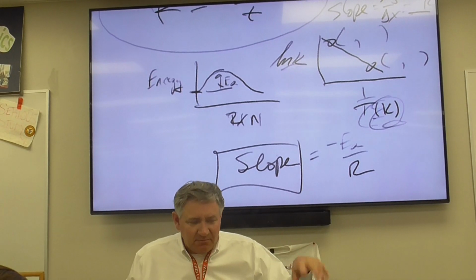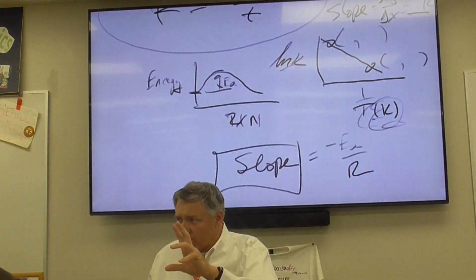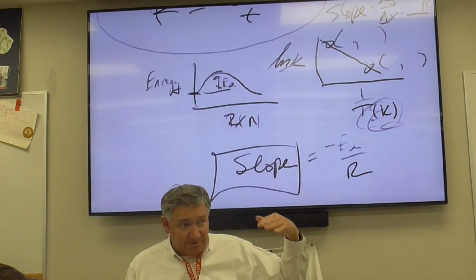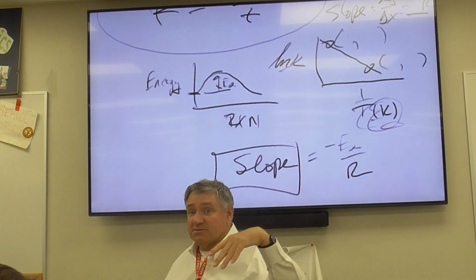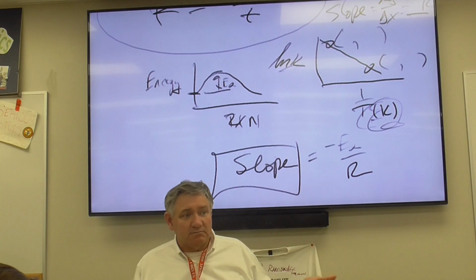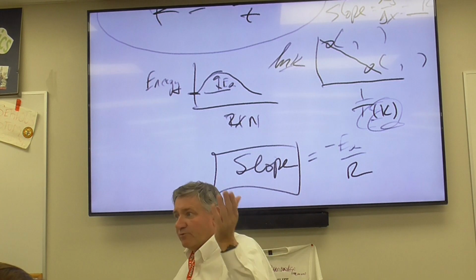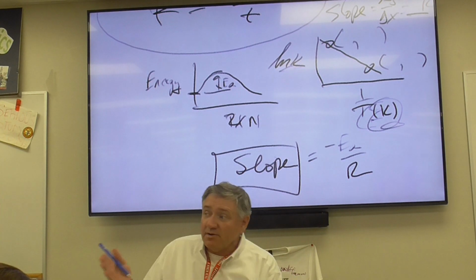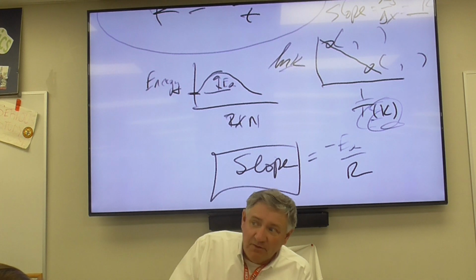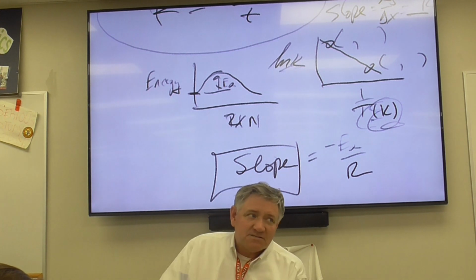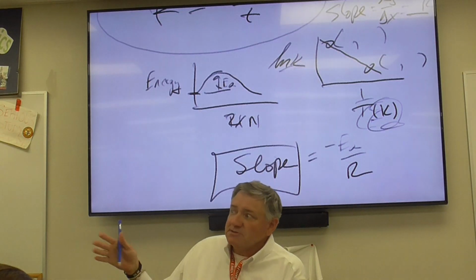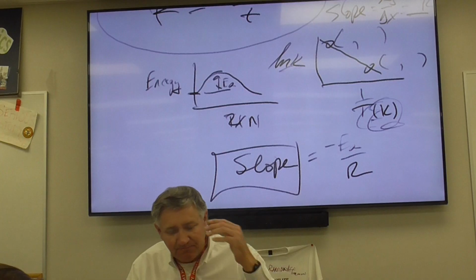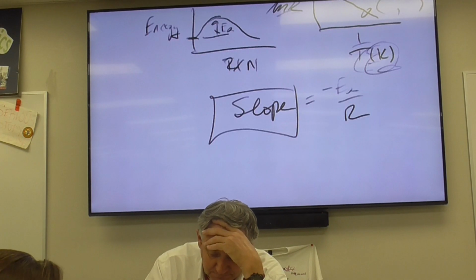Like in physics, you do a position-time graph, and the slope is meters per second, you go, oh, that's velocity, okay? Or the slope is force per unit of time, whatever that is, that's what the meaning is. This is a very rare instance where the slope is in Kelvin, but it's not a measure of the temperature, because the temperature is changing, but the slope is constant. But the units work out.